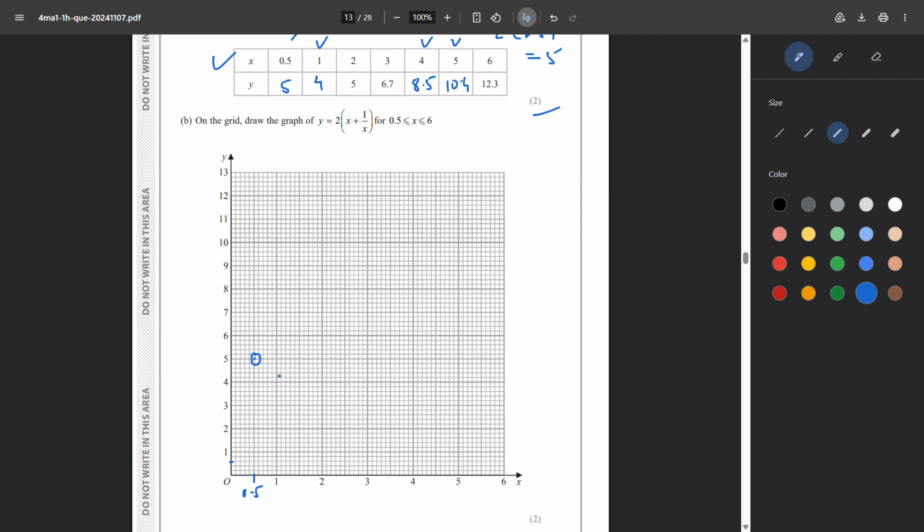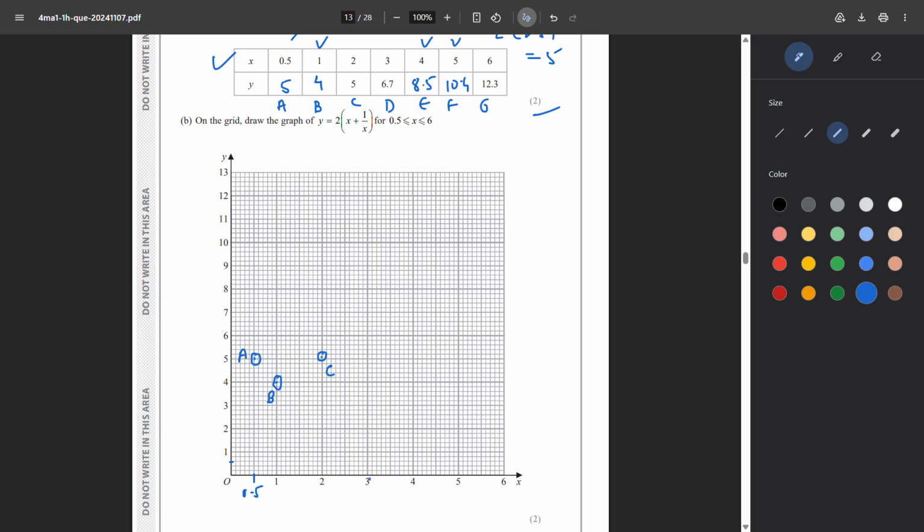The second one, 1 and 4, will be this point. I'm naming the points A, B, C, D, E, F and G. This is point A, point B. Now point C is 2 and 5, so x is 2 and y is 5, means this one.